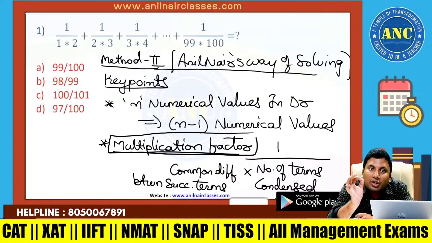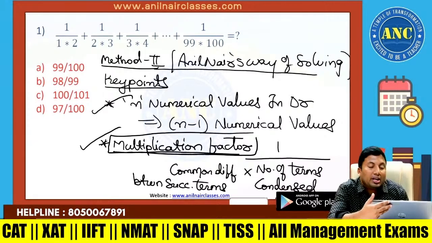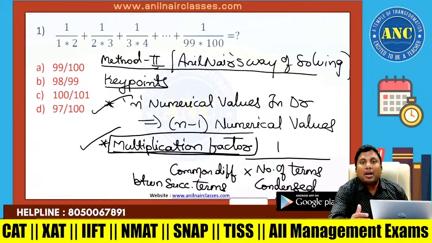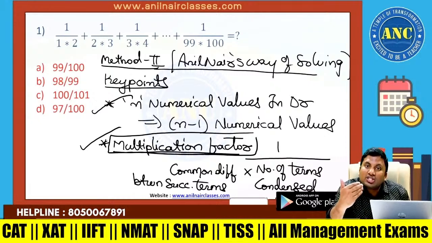If there are n numerical values in the denominator, condense it into n minus 1 numerical values and multiply it by the multiplication factor. The multiplication factor is nothing but 1 by the common difference between successive terms into the number of terms condensed. If you know these two key points, the answer becomes extremely easy. Just by looking at a question itself, you can answer it.